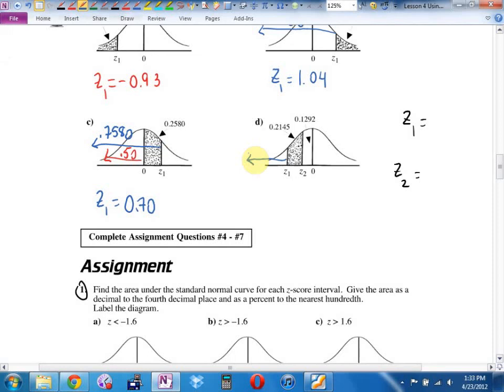Well, how big is that area? What did we say, Joel? Oh, that's 0.5. Do I know that area? How can I find that little tail then?